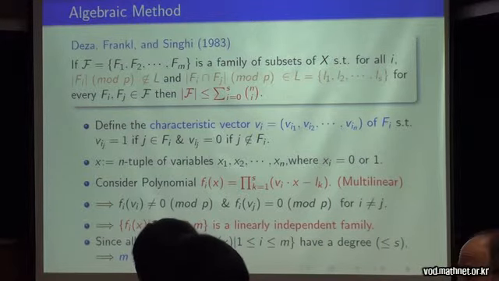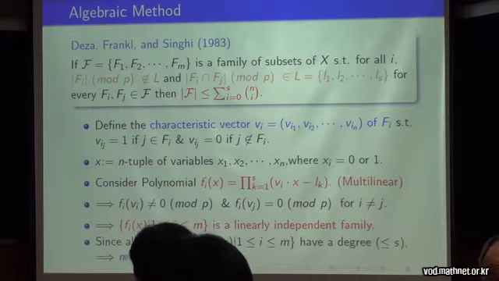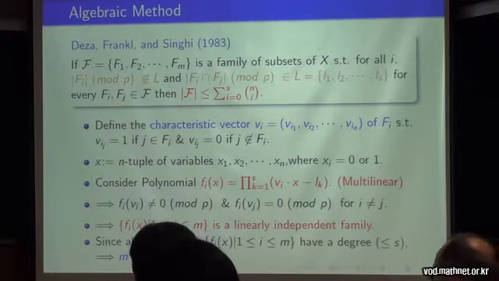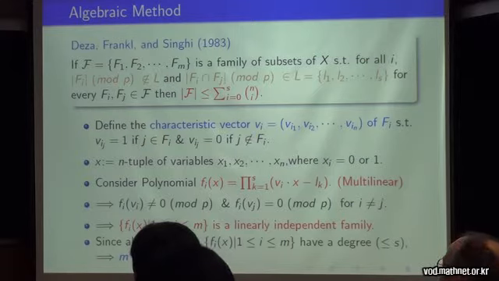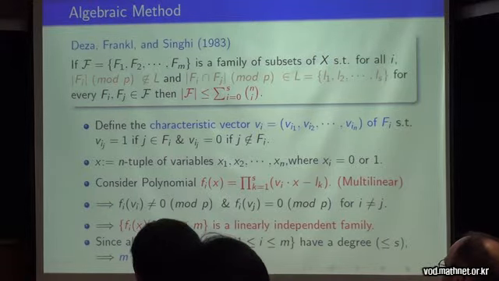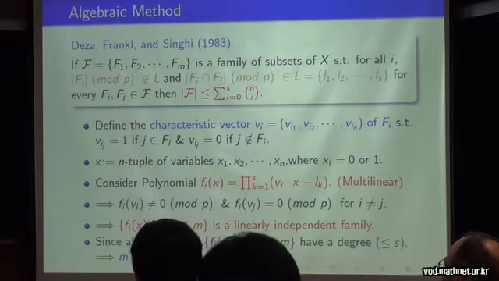Because of that, this polynomial should be multilinear. From these two conditions, we get f(vi) is not equal to 0 modulo p, and f(vi) evaluated on vj is 0 modulo p for i not equal to j. Then the set of these polynomials should be linearly independent.